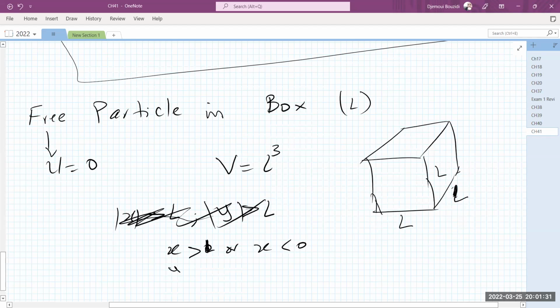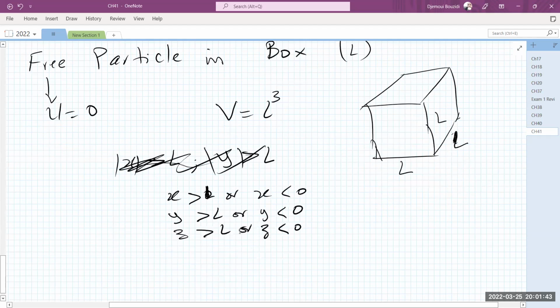Y is greater than L or y is less than 0. Z is greater than L or less than 0. If any of this happen, psi is equal to 0, meaning the particle doesn't exist outside.